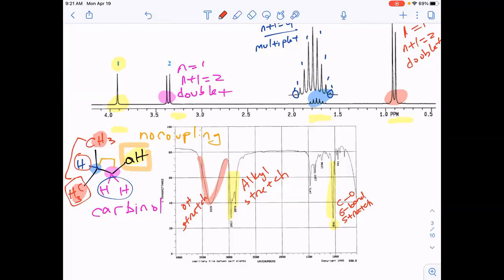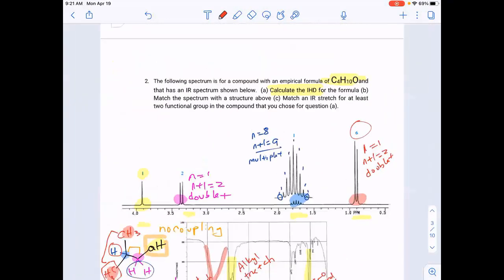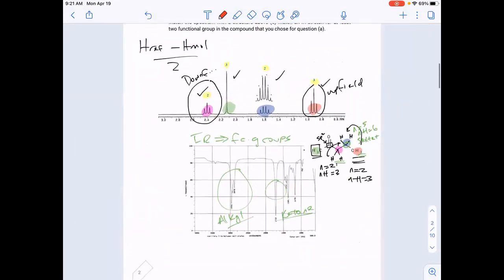And this can get much more complex, by the way, like a lot more complex. But we're going to look at some complex examples. If we have time today, we'll look at at least one. And I'll talk about the complex splitting. All right, so let's go back up to here.